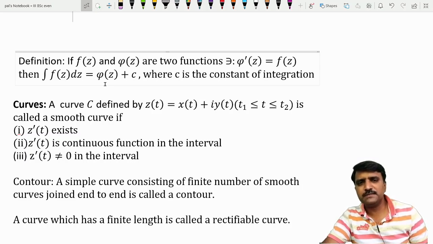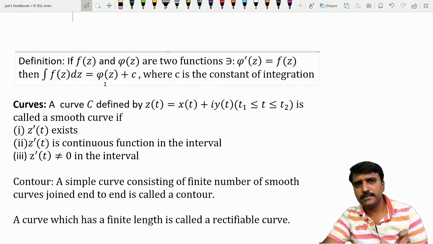This is the definition of a smooth curve. Smooth means a differentiable curve. A curve C defined by z of t is equal to x of t plus i into y of t, defined in the interval t1 to t2, is called a smooth curve. Smooth means it is differentiable at all points, which means we can draw a tangent at all points. So z dash of t exists, that means we can differentiate the function in the interval.